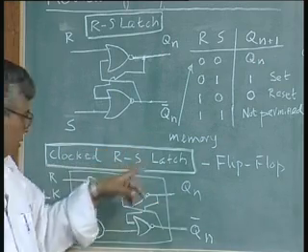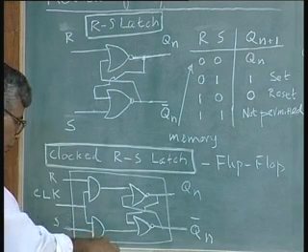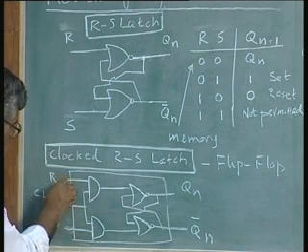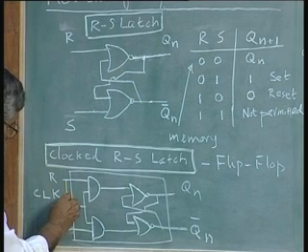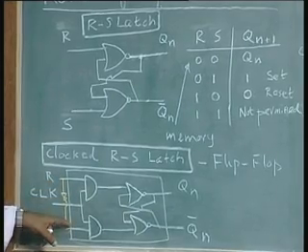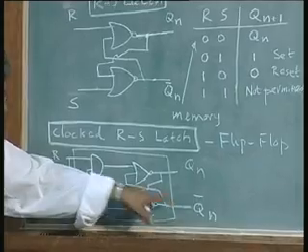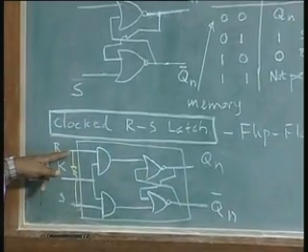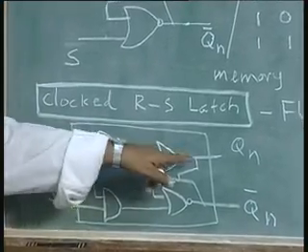Now, by just connecting these inputs through an inverter, when this is 1, this becomes 0, that means I will have a 0 stored here. When this becomes 0, this becomes 1 and 1 gets stored.